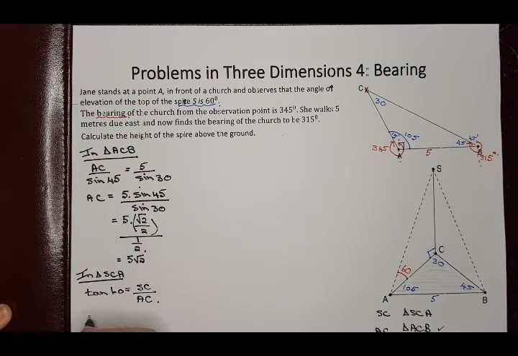Algebra step, AC times by tan of 60 is equal to SC, and I'm going to substitute in the value I've already worked out for AC. So I can say that SC is equal to 5 times root 2 multiplied by tan of 60. Again, that is a special angle, and tan of 60 happens to be root 3. So we could get that answer as 5 times the square root of 6.